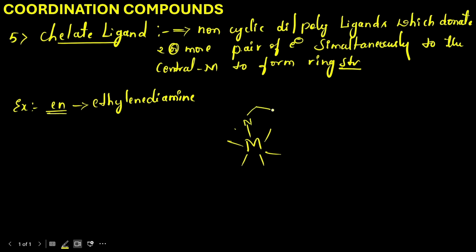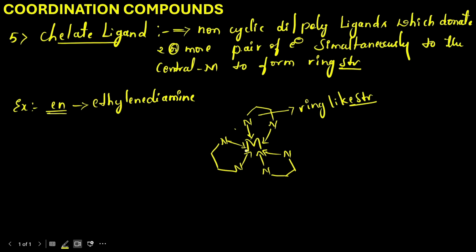Here nitrogen CH2, CH2 and nitrogen. Here nitrogen, here also nitrogen, CH2, CH2, nitrogen. Nitrogen, nitrogen. Here nitrogens are donating the lone pair of electrons simultaneously to the central metal atom, which is also forming a ring-like structure.